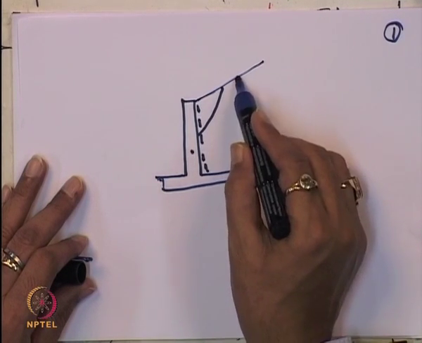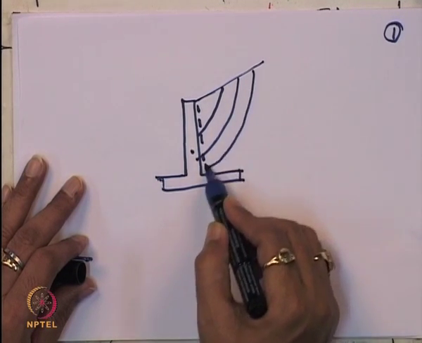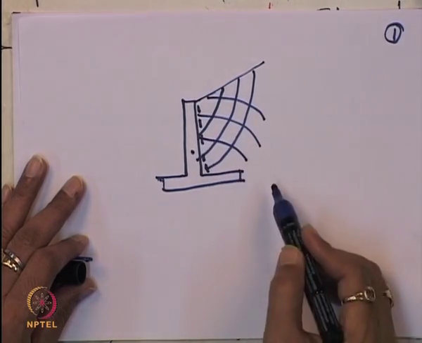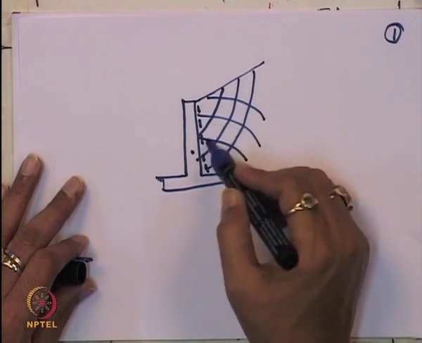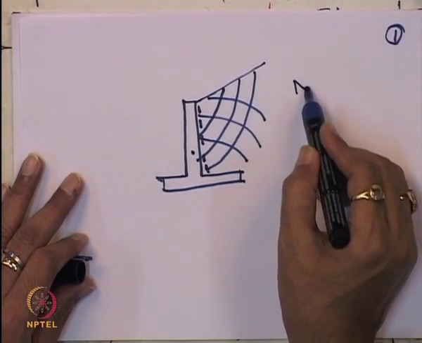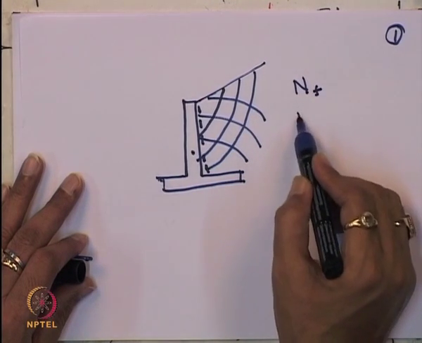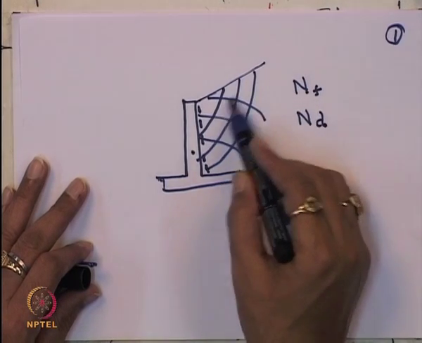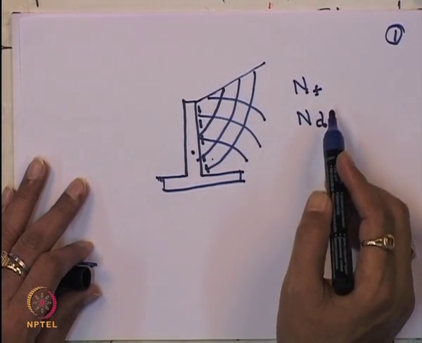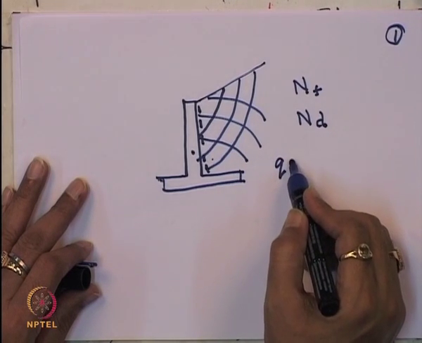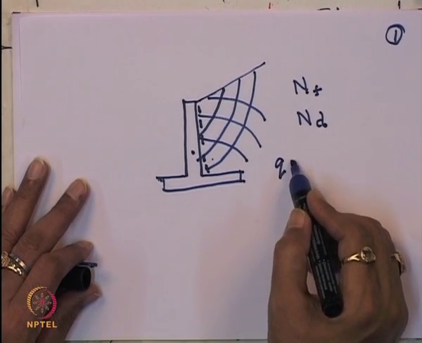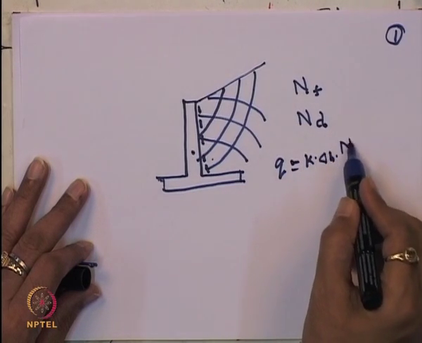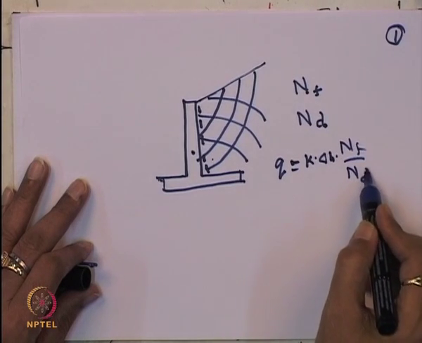So, you can draw the flow line, you can draw the equipotential line. So, you can count the number of flow lines and the number of equipotential lines. From the flow lines and the equipotential lines, you can calculate what should be the Q value. That means Q is equal to K into delta H into NF divided by ND.